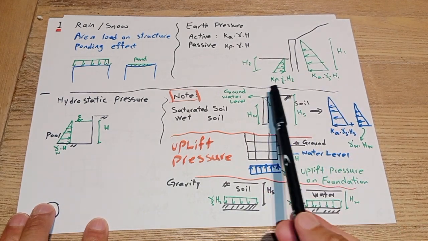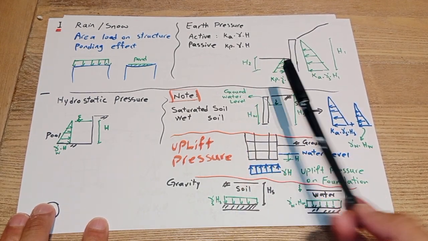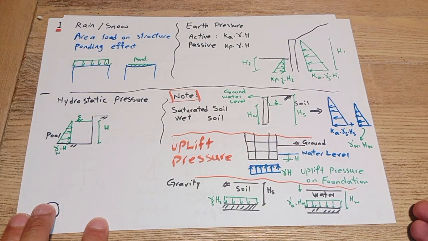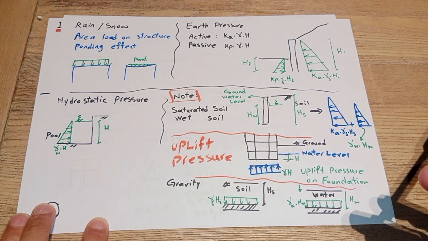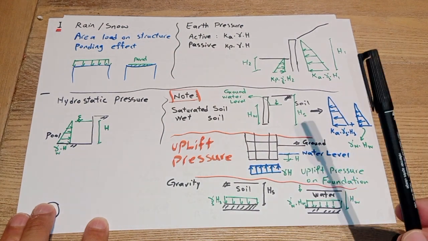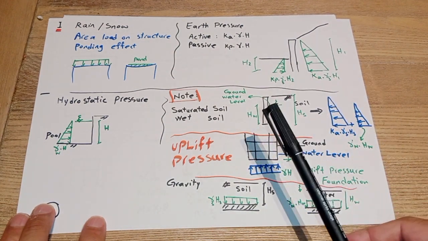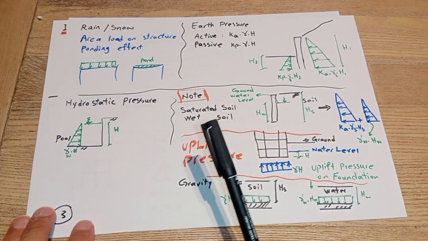It is a very simplified shape, and sometimes we may have more complexity depending on the density, saturation level, water ground level, and also soil parameters and soil type.